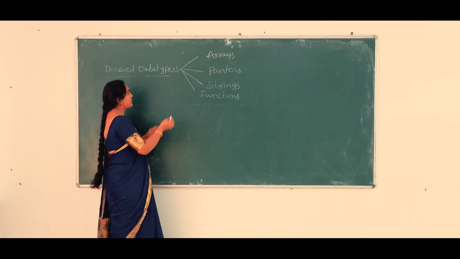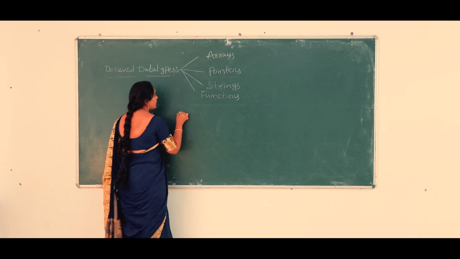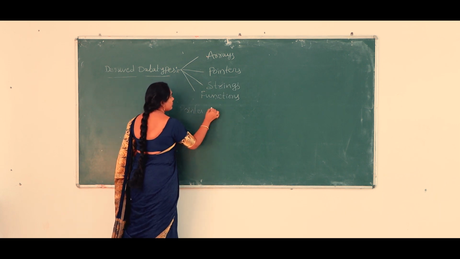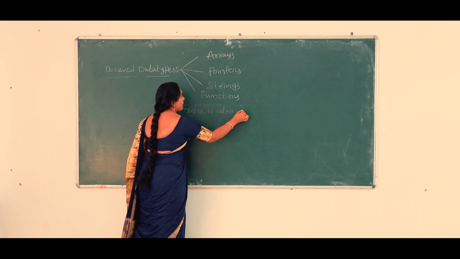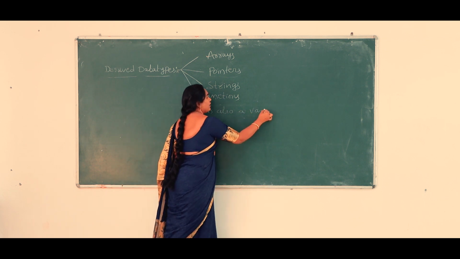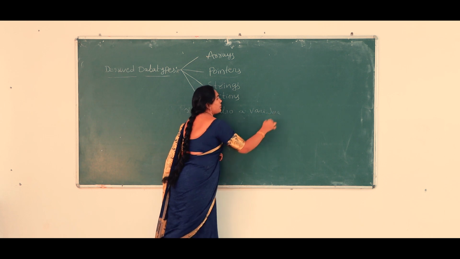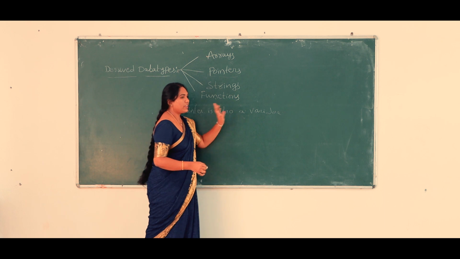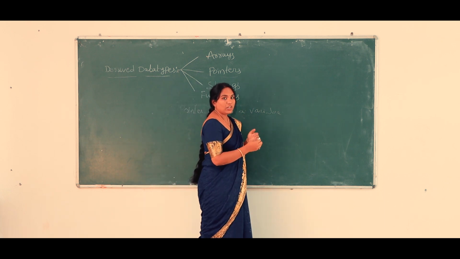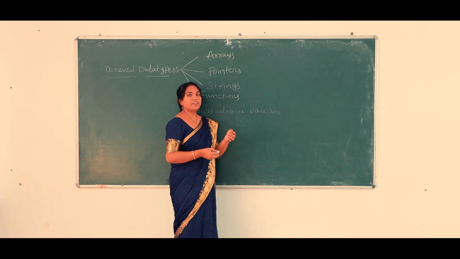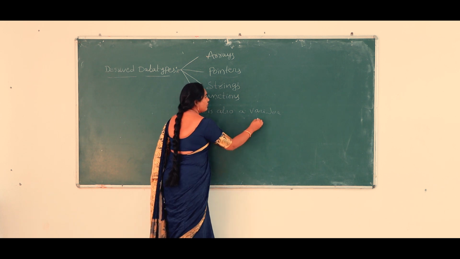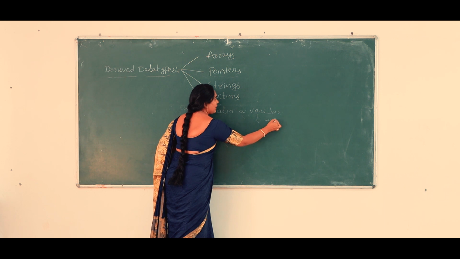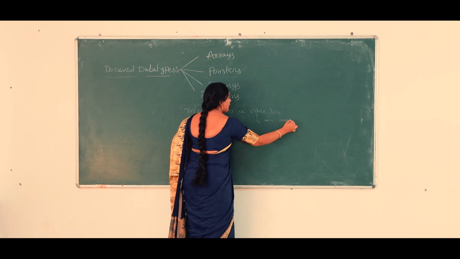Next derived data type is pointers. Here, the pointer is also a variable. In the previous topic, we discussed the variable, right? The difference between a normal variable and a pointer variable is that the normal variable takes a place in memory and has a name.